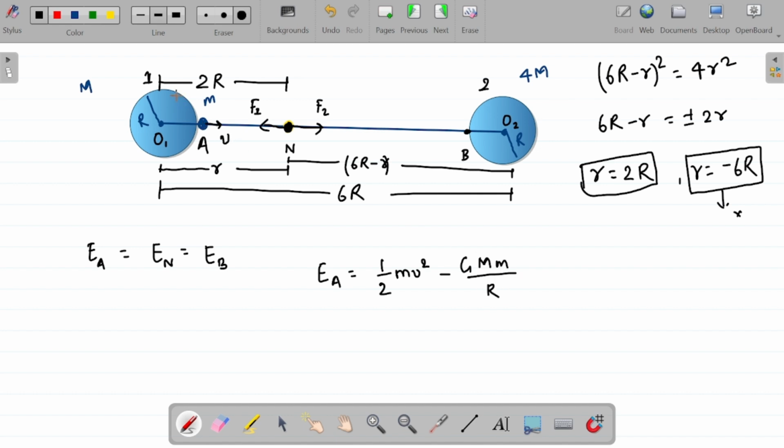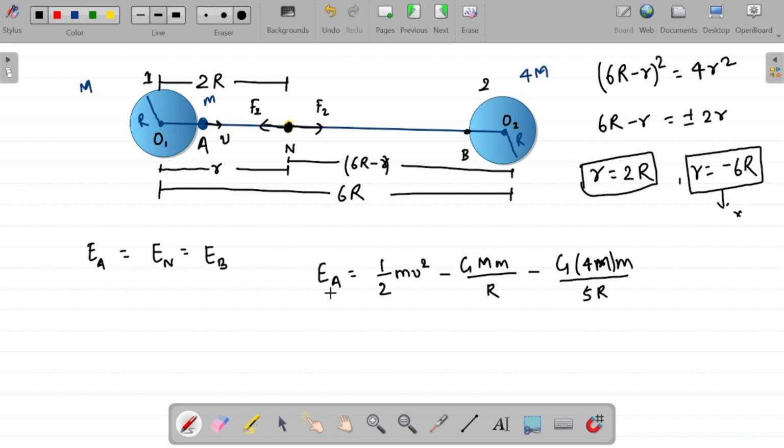This is potential energy due to the first sphere, and there is another sphere here. Because of this sphere, there will be potential energy in this mass m, and this we can write minus G into 4M into m divided by this distance, which will be 5r.